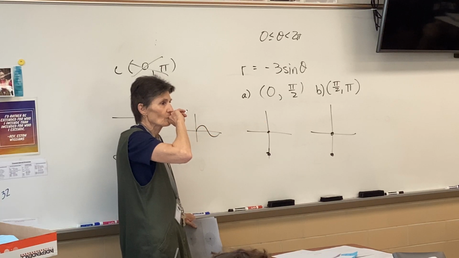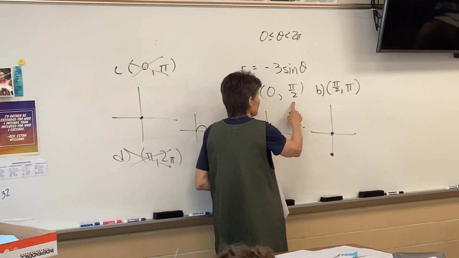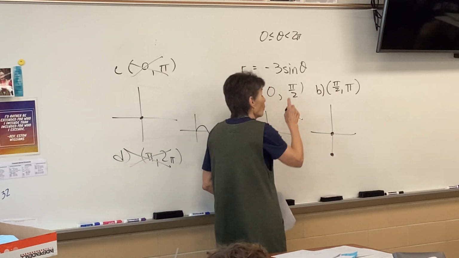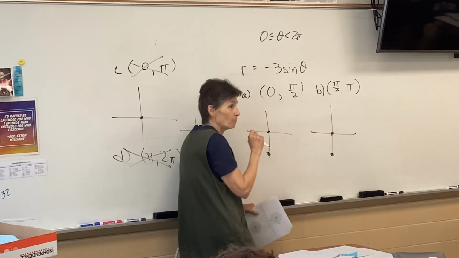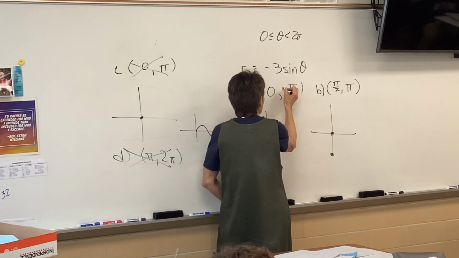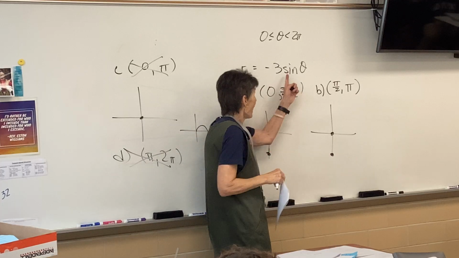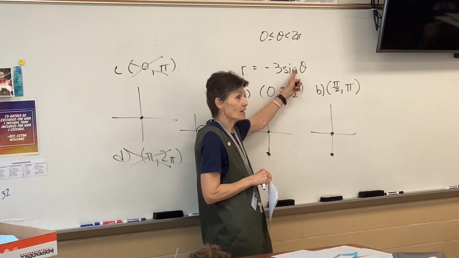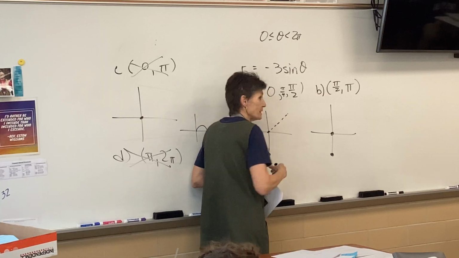Could we just find another point and use that? How about that? How about in this interval right here, what would be a good point to pick? In that interval, a good point might be pi over 4? Yeah. Okay, so I'm just going to try pi over 4. Now, I know that pi over 4 would be plotted right here.